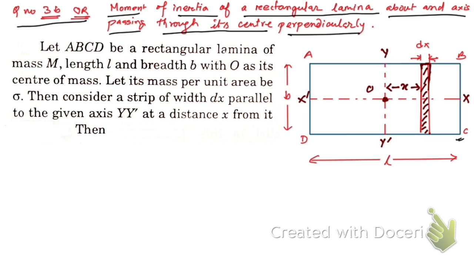First let me find the moment of inertia of this strip about the y axis, then we're going to integrate it. We need to integrate it from minus L by 2 to plus L by 2, because this length is L. Here this part will be considered as minus L by 2 and this part as plus L by 2.